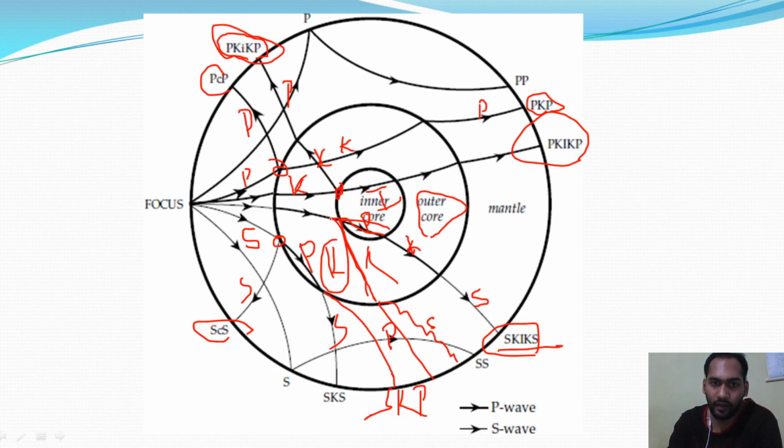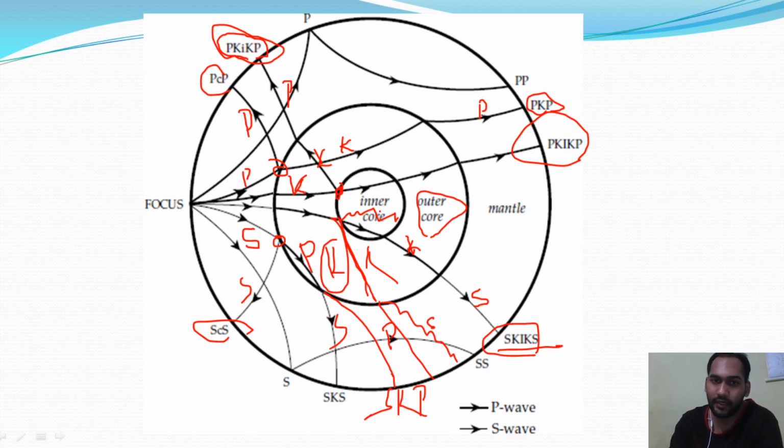Or the wave may travel as an S wave in the inner core, because in the inner core S can travel. The diagram becomes clumsy, so let me erase something. The S wave cannot travel in the outer core because it is in a fluid or semi-fluid state, but it can travel in the inner core.